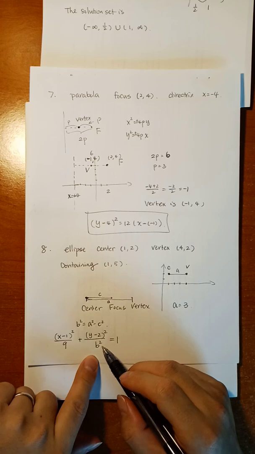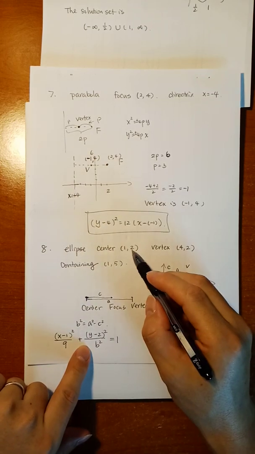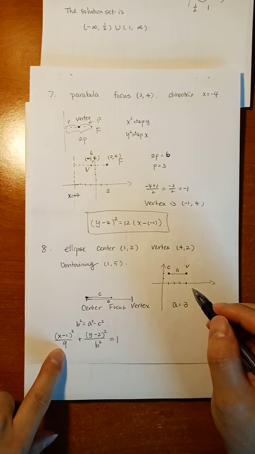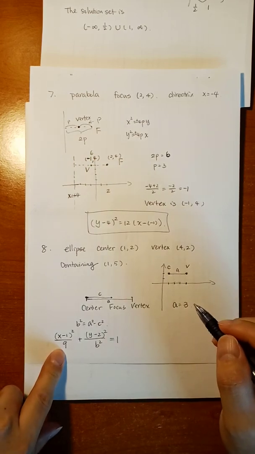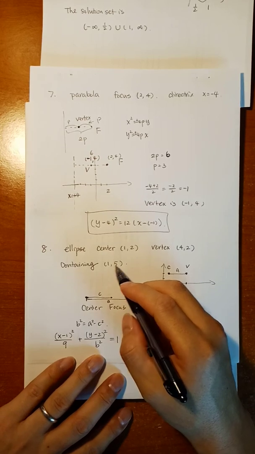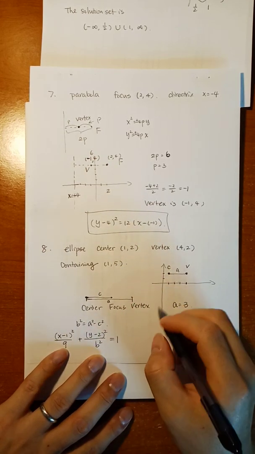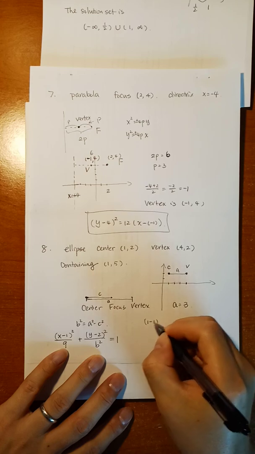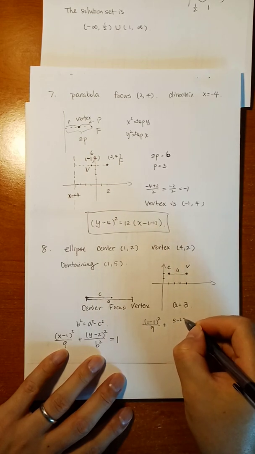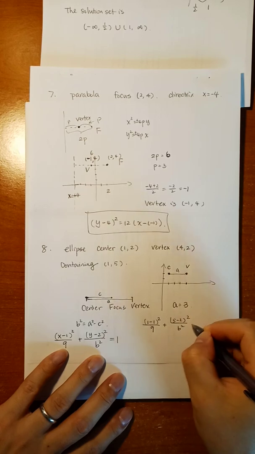It's horizontal, so a squared is under x. It contains 1, 5, so we plug in. So you get 1 minus 1 squared over 9 plus 5 minus 2 squared over b squared is 1.